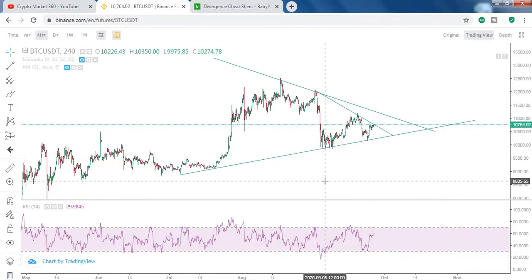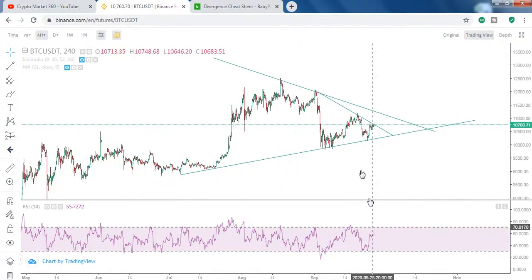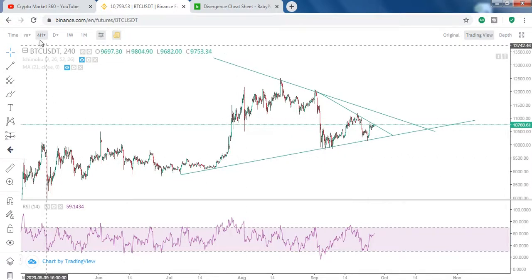My strategy is divergence in RSI. Divergence means the difference between the price and the RSI. You can also use other indicators like MACD, stochastic, and others, but I am using RSI for this video. I normally try to find divergence on H4 and daily candles.